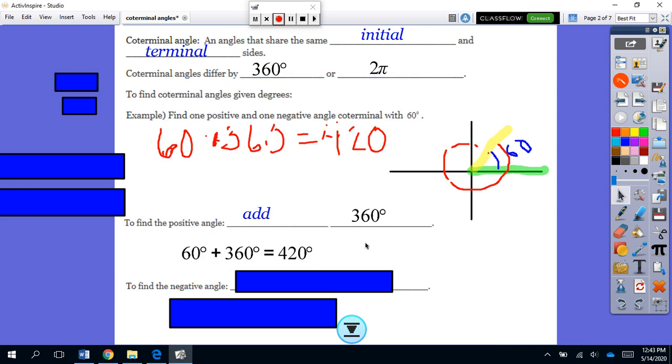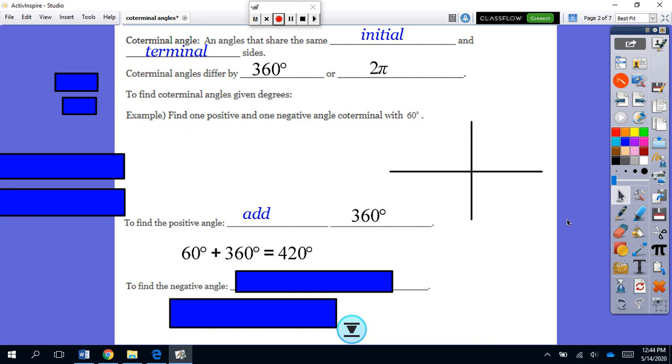And then what if I'm trying to find the negative angle? So let's start our drawing again. I'm going to start with my initial side on the x-axis, my terminal side at 60 degrees.